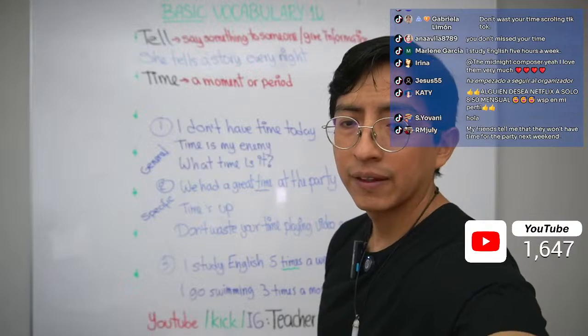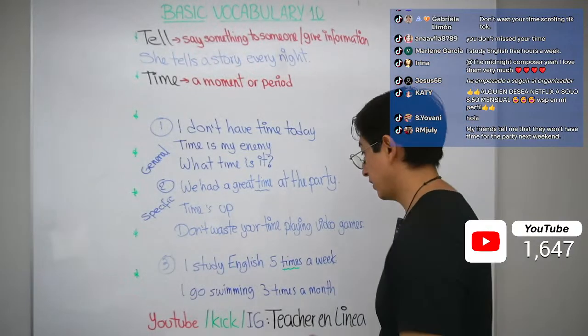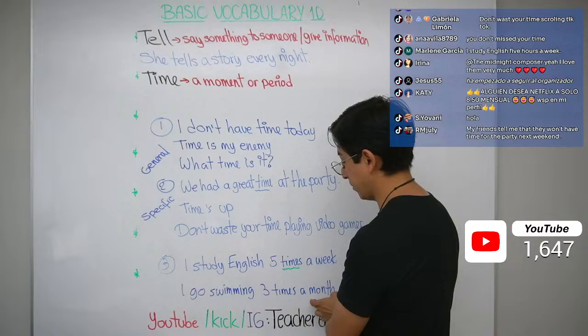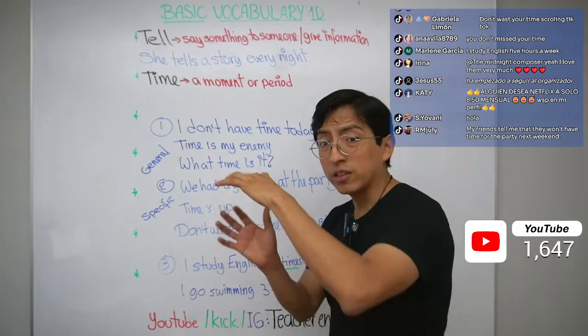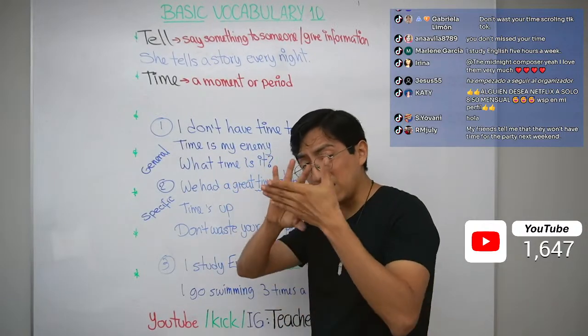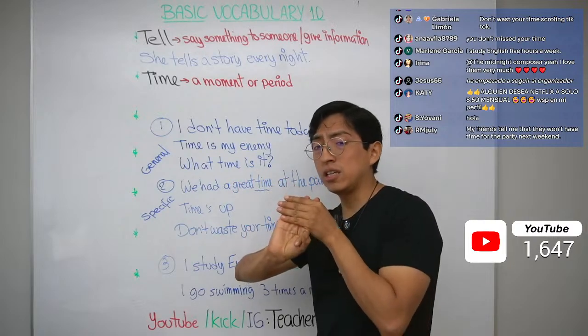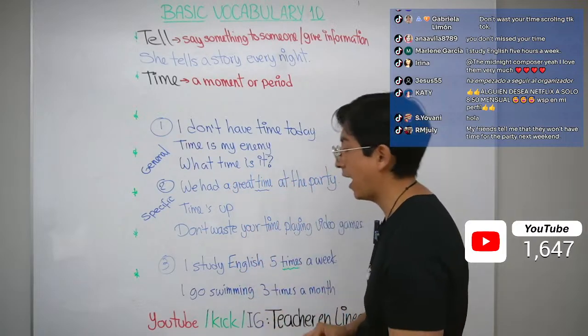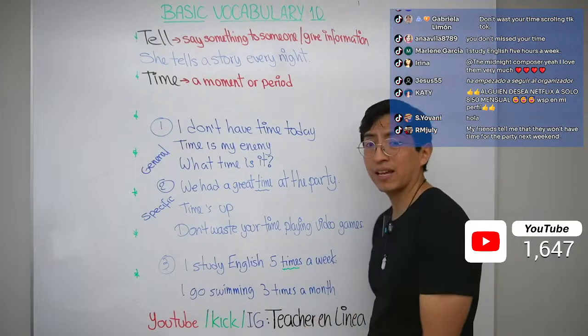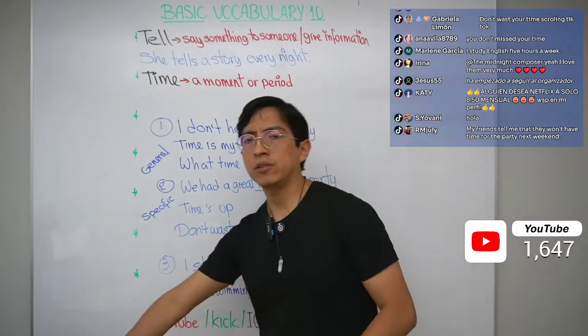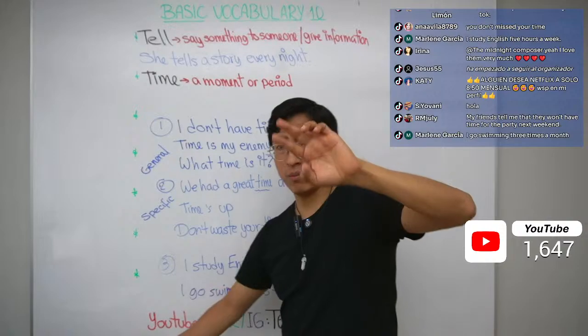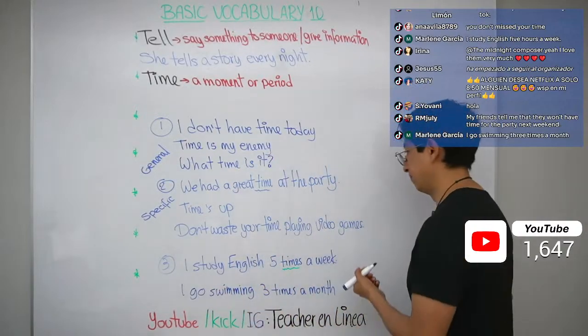Okay, let's continue. I go swimming 3 times a month. It means that during all the month, there are 3 occasions, 3 specific moments that I go swimming. That is the idea. Guys, there are 2 exceptions.